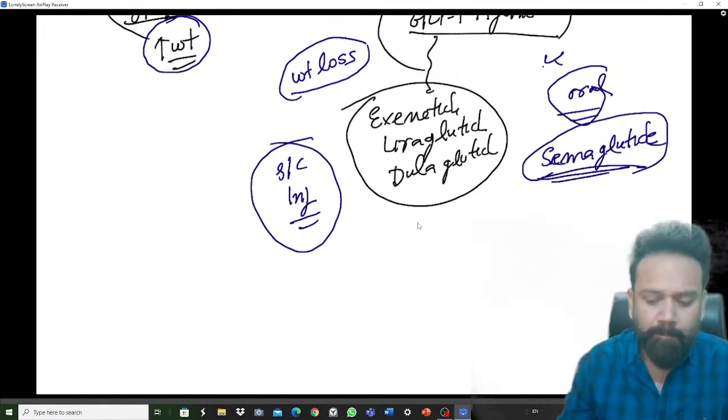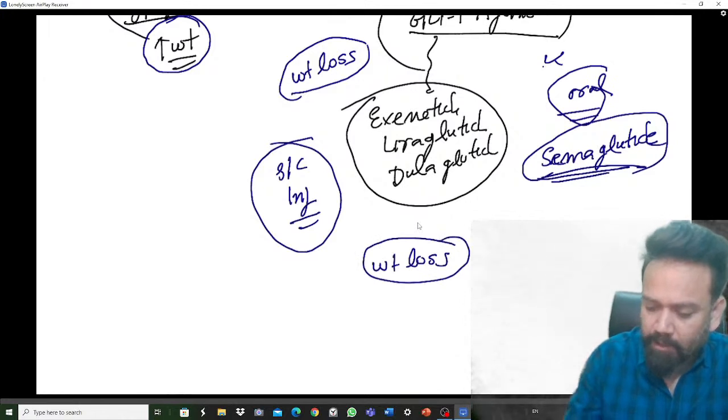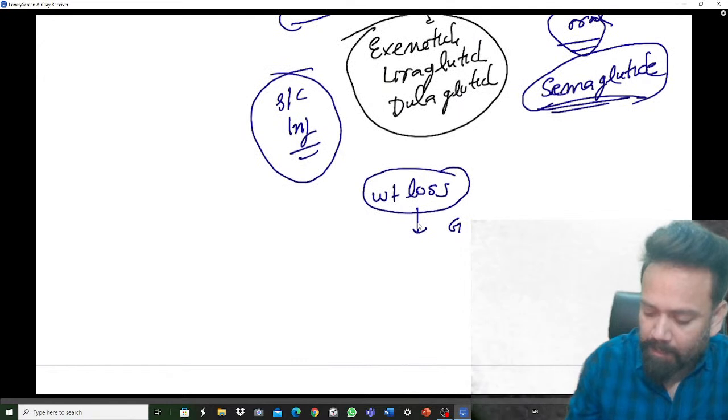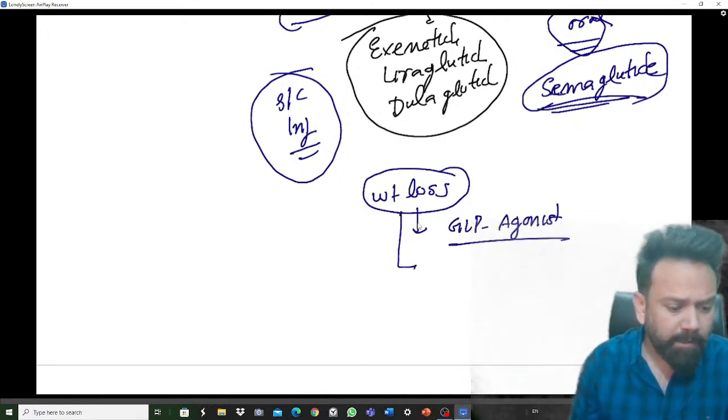See, if someone asks you about weight loss, which oral hypoglycemic drug can cause weight loss also? One we have discussed already, GLP-1 agonist, because they cause satiety. Can anyone tell me about some other?